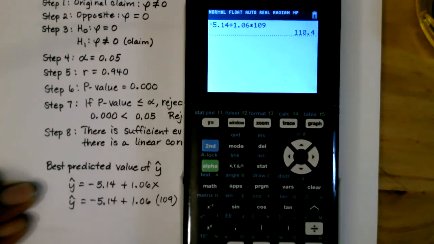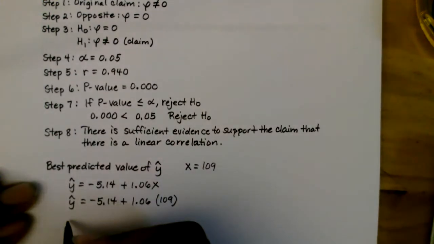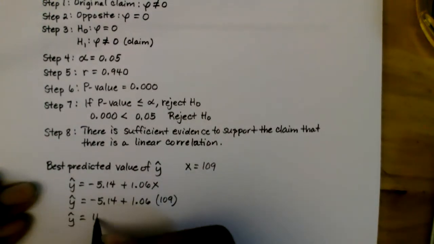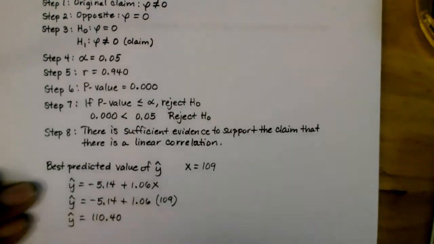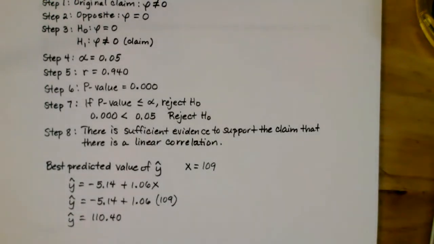Hit enter, and if you round this off to 2 decimal places, that would be 110.40. So y hat is equal to 110.4, and I put a 0 behind it because it says round to 2 decimal places. So 110.40 will be the best predicted value of y hat when we're given that the husband has an IQ score of 109.